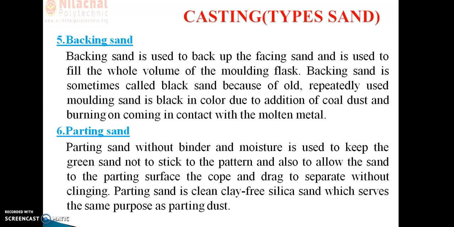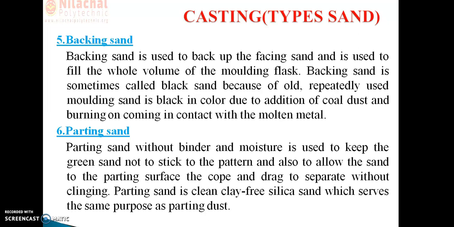Then we go through the next sand, named parting sand. It consists of dried silica sand, sea sand, or burnt sand. Parting sand is used to keep the green sand from sticking to the pattern and also to allow the sand on the parting surface of the cope and drag to separate without streaking.